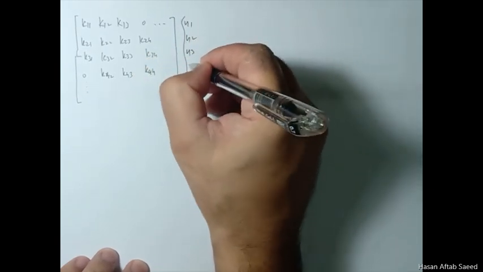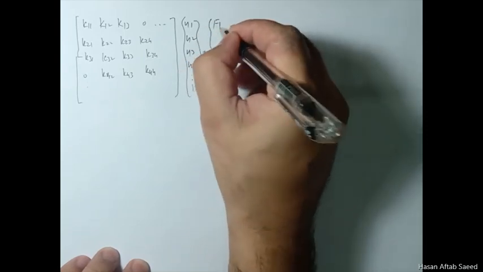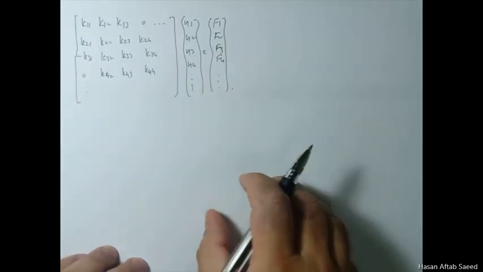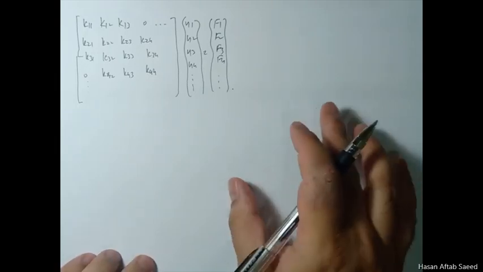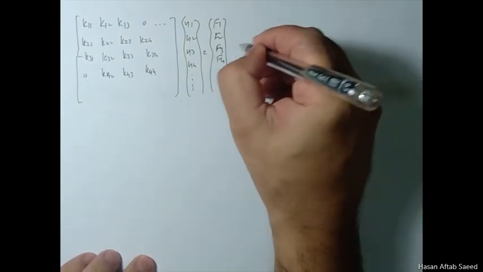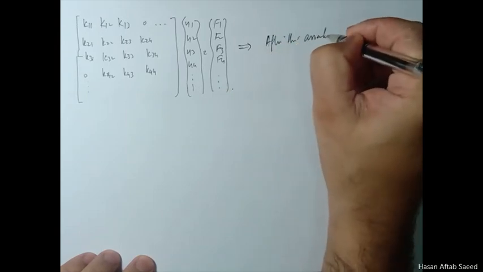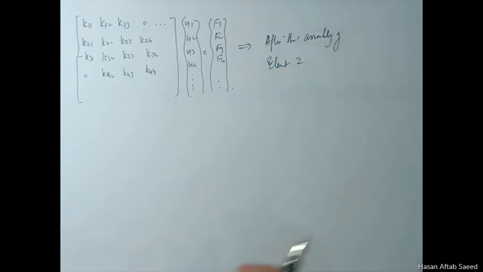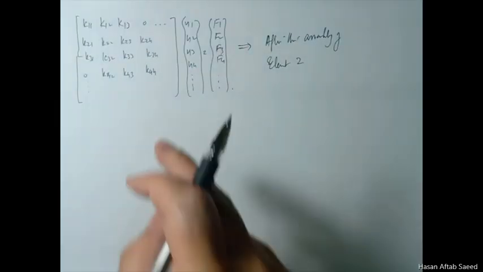This is just symbolic anyway, so it doesn't matter. Let's say after the assembly of element 2, like we just discussed, this is how your system equation looks.